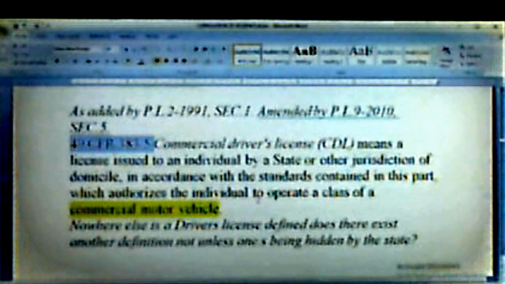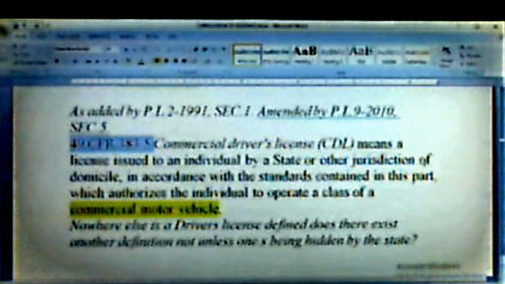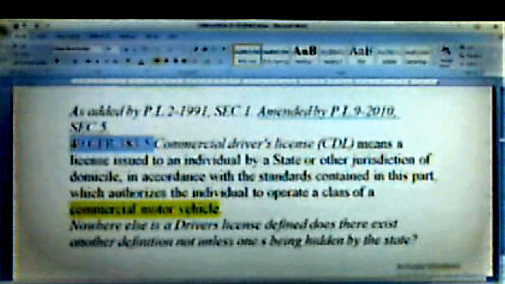And it tells you commercial driver's license, CDL, means a license issued to an individual by a state or other jurisdiction of domicile in accordance with the standards contained in this part, which authorizes the individual to operate a class of commercial motor vehicle.